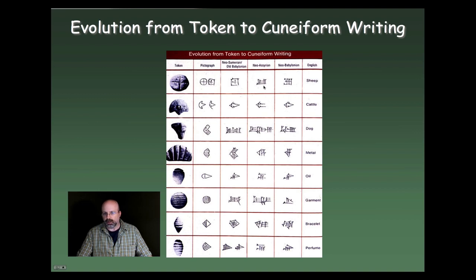The Neo-Assyrian way of writing it, the Neo-Babylonian way of writing it. And basically it means sheep. So if you went back far enough in time, people basically would be exchanging tokens when talking about exchanging goods. But eventually, maybe it became too difficult to carry tokens, or they became too heavy, and it became simpler to actually write it down. But again, across each of these, you can see the evolution of writing take place over time. It's pretty interesting.